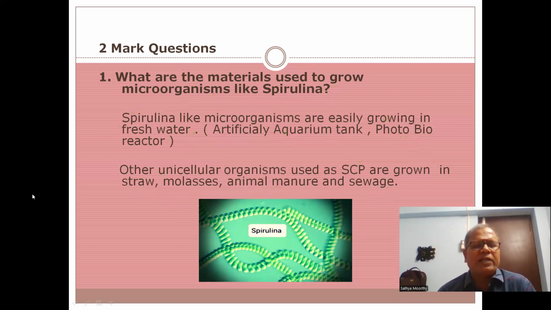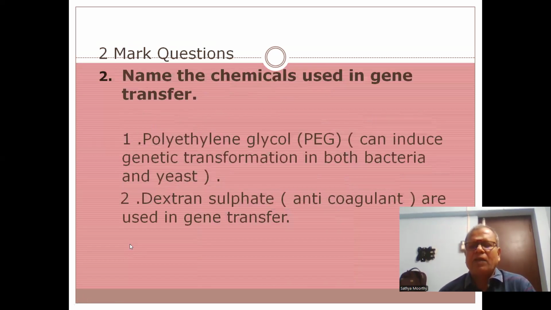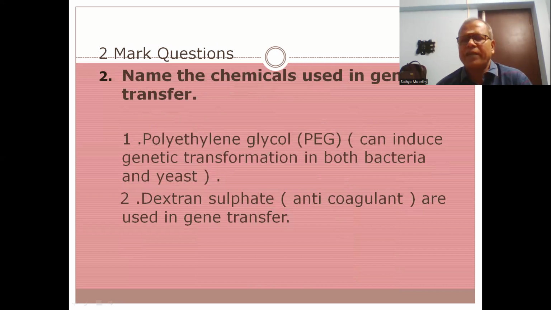Then the next question for you, the second question. Name the chemicals used in gene transfer. Gene transfer means transferring the DNA fragment from one organism to the other. It's an important criterion in genetic engineering.